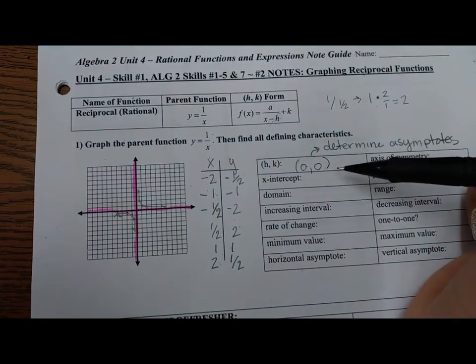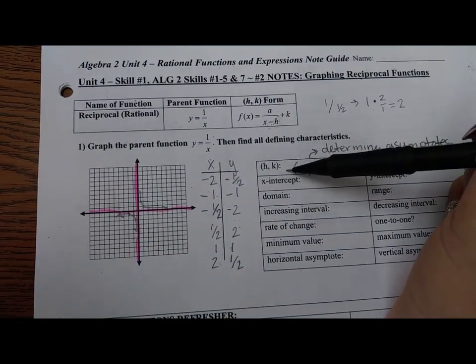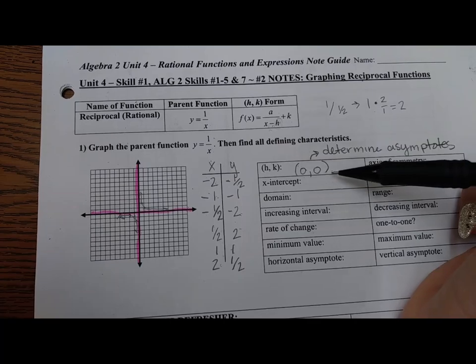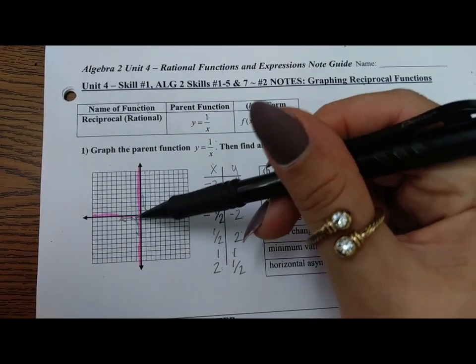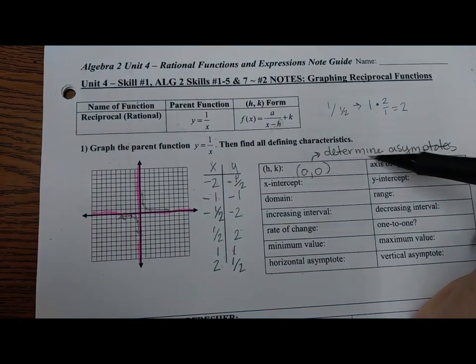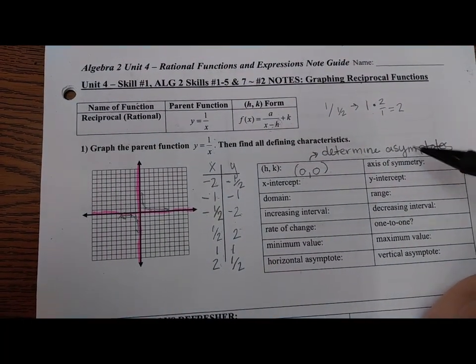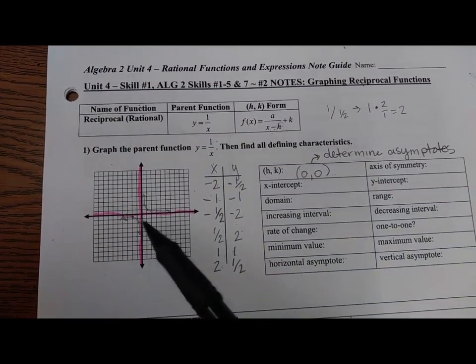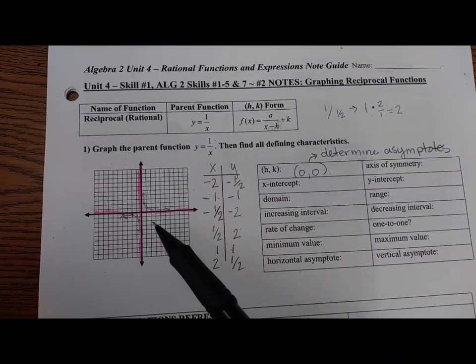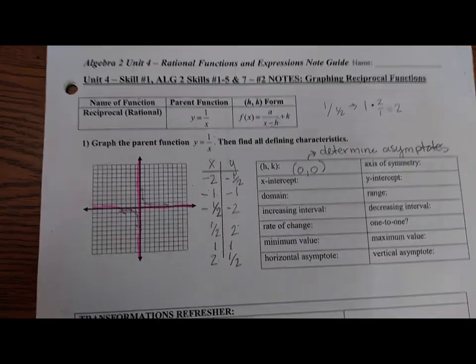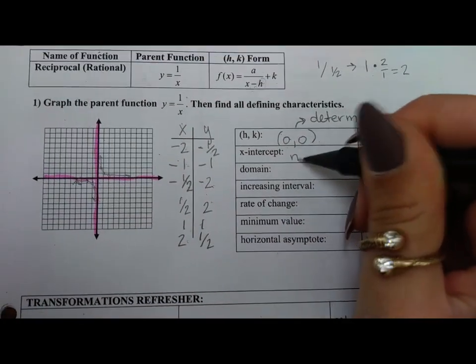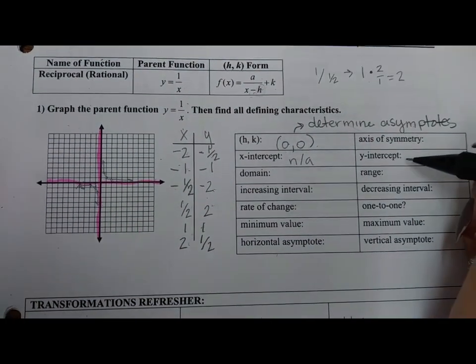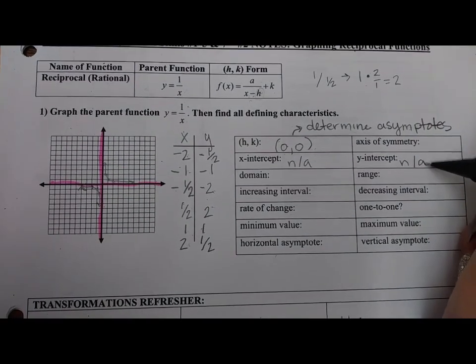We know that our vertex, or HK, is 0, 0, and because it is 0, 0, these asymptotes will never approach 0 on the x-axis or the y-axis. So we won't have an x-intercept or a y-intercept. Remember, we just put NA, not applicable, no answer.